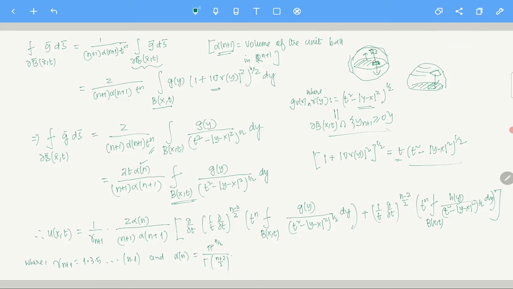Clear? So now, if I put everything together, what is the representation formula in even dimension? Let me write it down. We are not doing anything special here, exactly the same sort of thing, just calculating some particular terms.